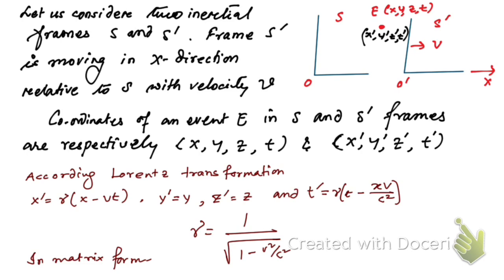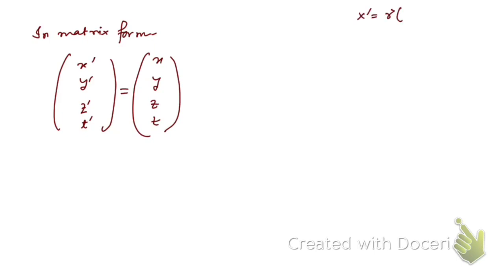Now let me go to the next slide and copy these equations. I'm going to show you how to write this in matrix form. So these equations can be written this way: x dash is equal to this, and y dash and z dash remain unchanged because the frame is moving in the x direction. t dash is this.